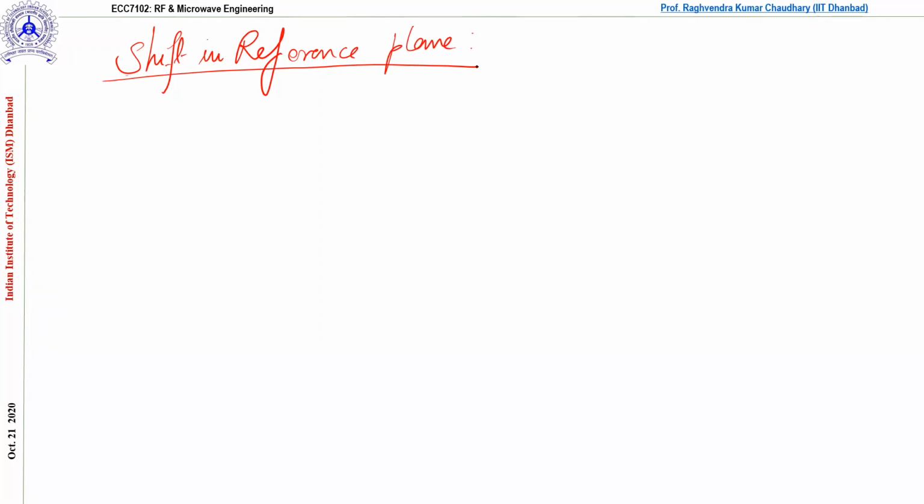So I'm going to talk about the shift in the reference plane.